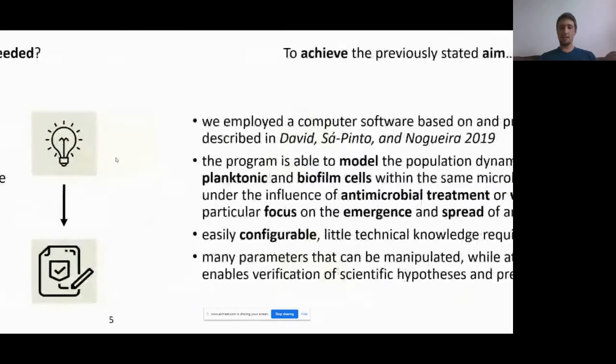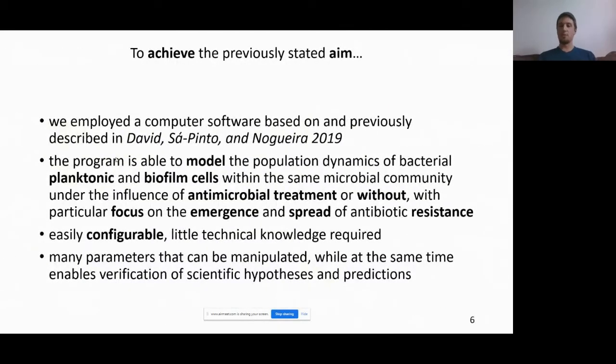So to address this issue, we created computer software which is based on, but significantly modified from, an article from 2019 by David Sapinto Nogueira.